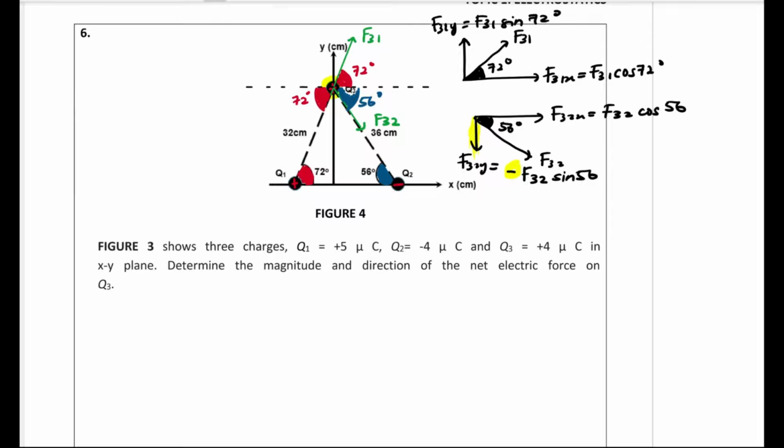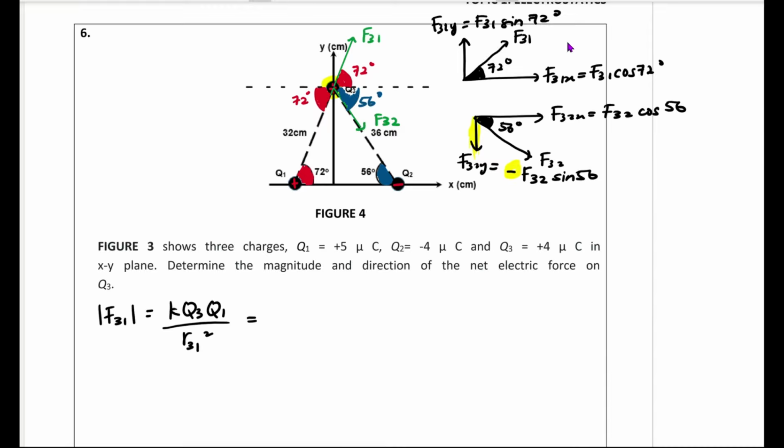Okay. So now, we calculate the force of F31 and F32 first. Easy. Okay, Q3, Q1 over R31 squared. So the distance between charge 3 and charge 1 is 32 centimeters and this is 36 centimeters.